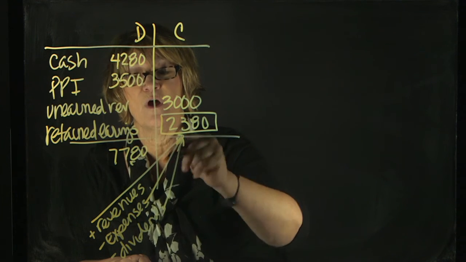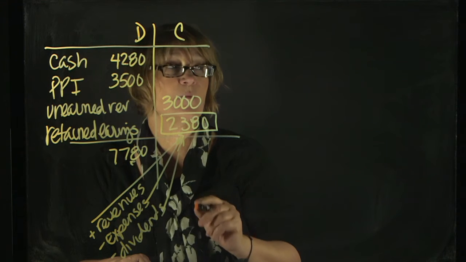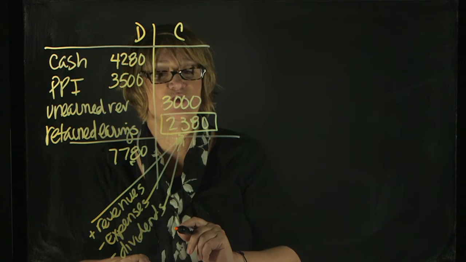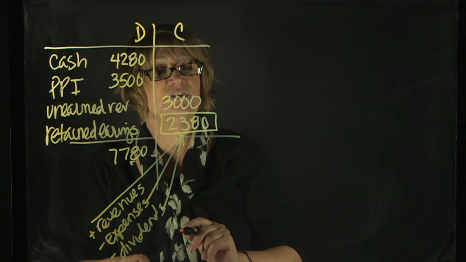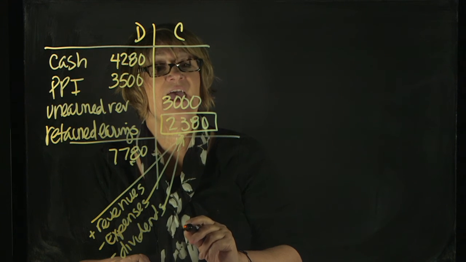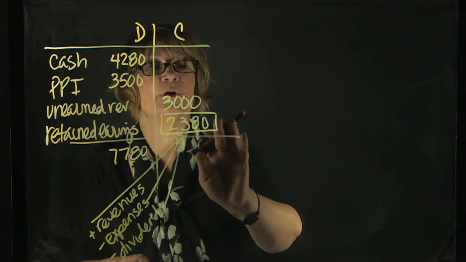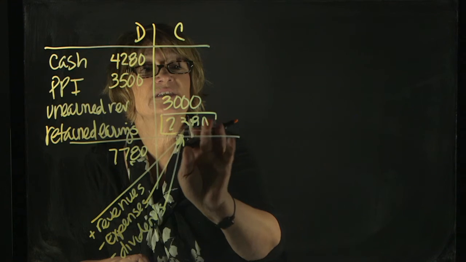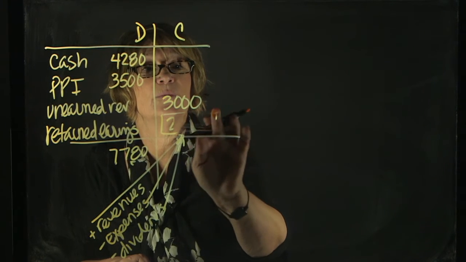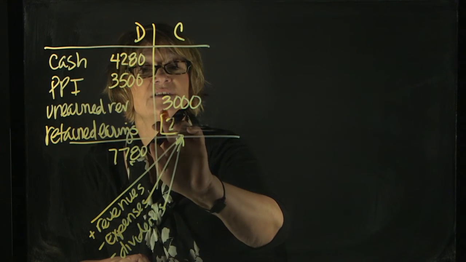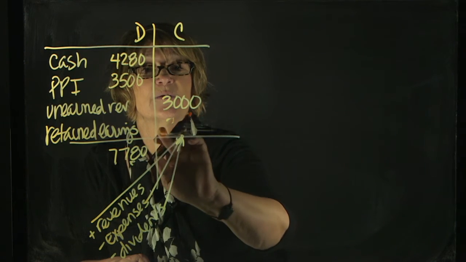And this number on this trial balance does not represent the changes you made. And so what you need to do is you need to go ahead and come up with a new number. And that new number was the number that we just had on the board that was the retained earnings number.